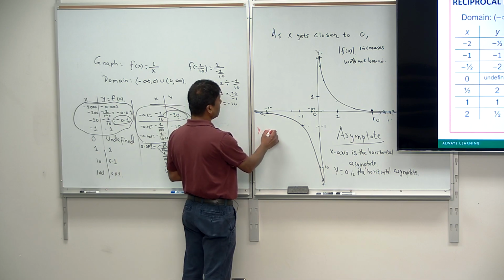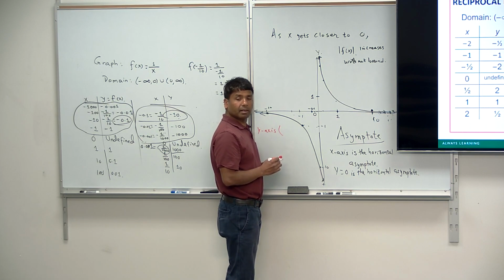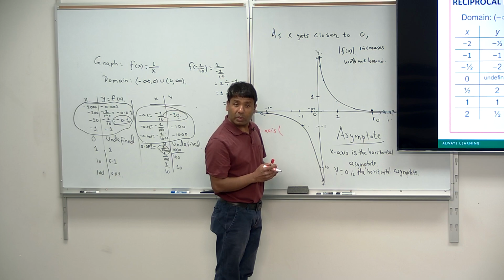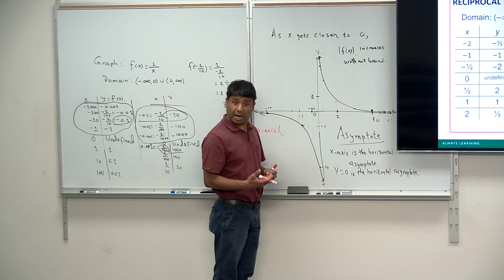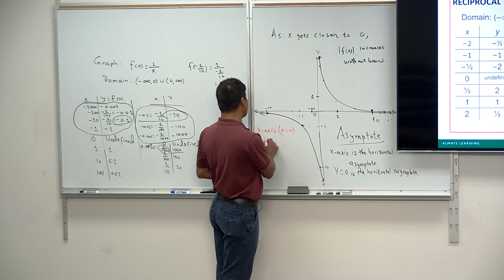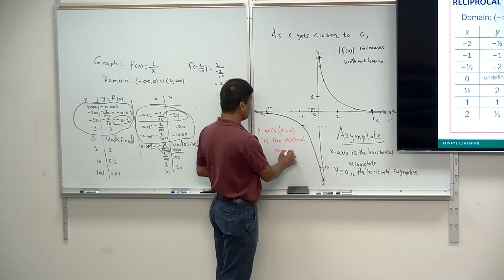What is the equation of the y-axis? Every point on the y-axis has x coordinate 0. Is that right? So x equal to 0 is the vertical asymptote.